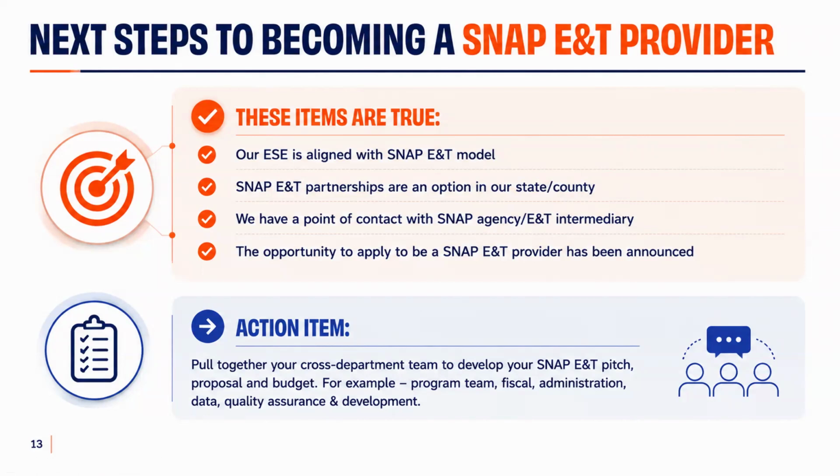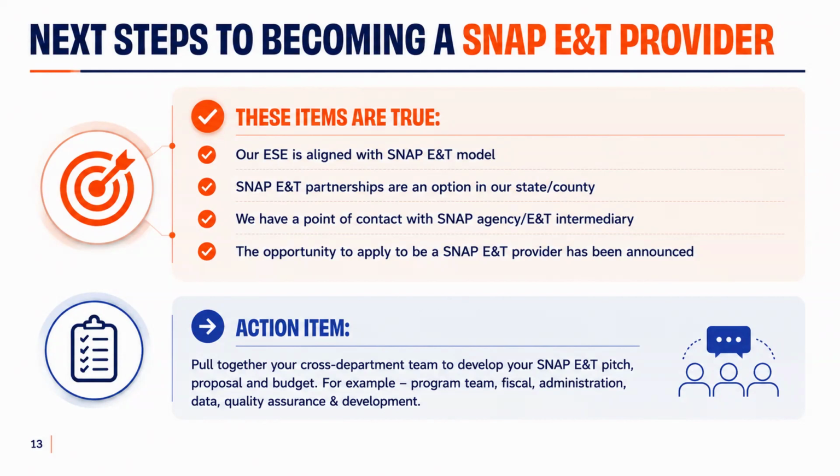So, to carry on with what Andrew was just speaking about, you've already identified your contact at the state or the county, and you've developed those relationships and partners. You've got that point of contact. It's really important that you understand how your model aligns with SNAP E&T, but also how your model does not align with SNAP E&T.